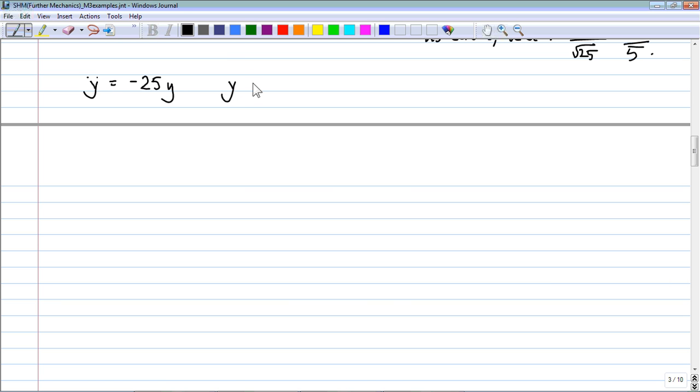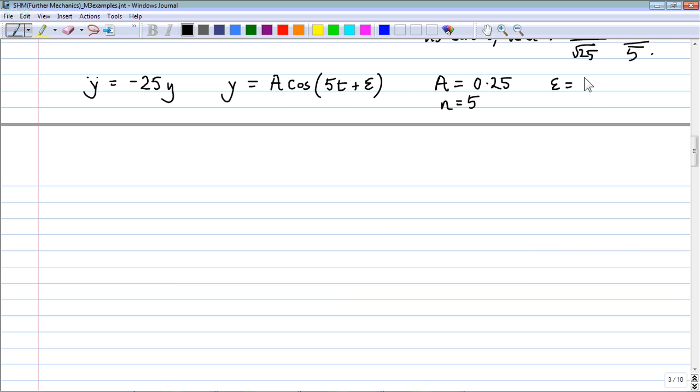So the general solution for y is y equals the amplitude A times the cosine of nt plus epsilon, where n was 5. Now, A is the amplitude, but we already said at the beginning that because it was released from rest at B, the maximum displacement is at B, which was 0.25 meters. So the amplitude is 0.25, and n is 5, as we've already written here.